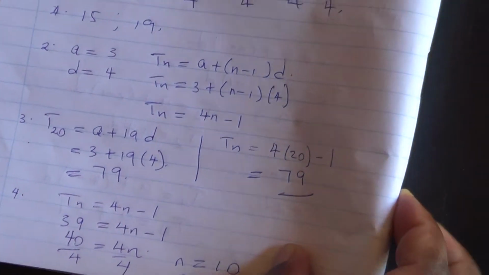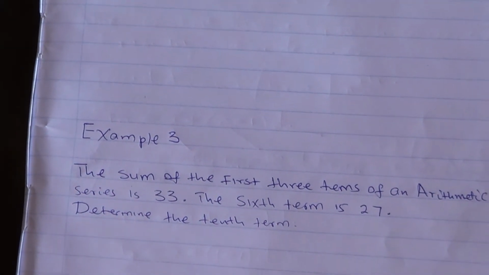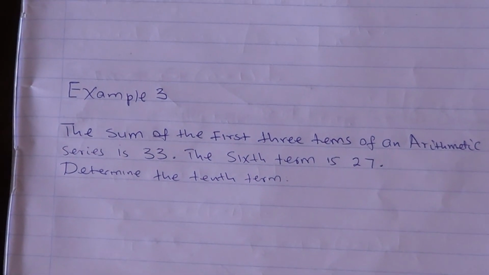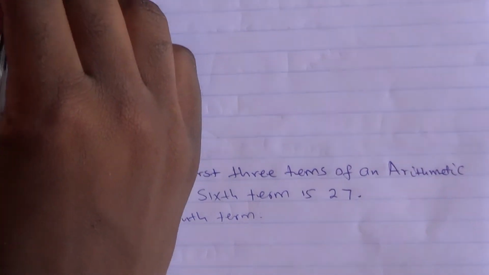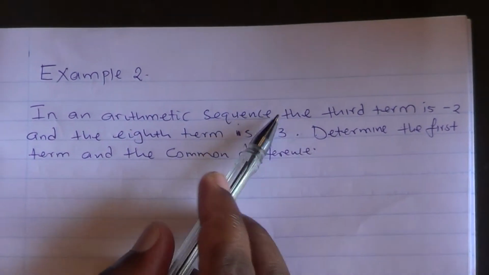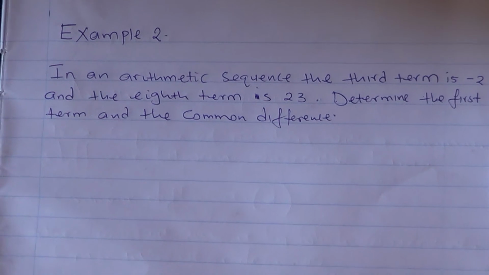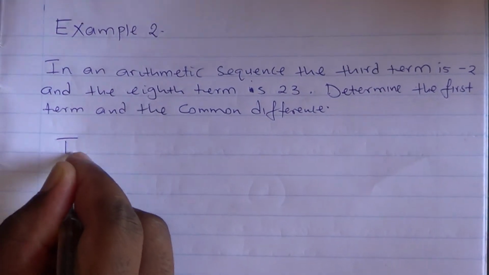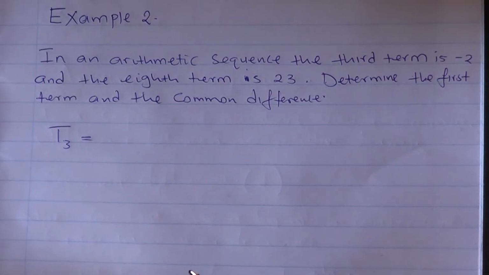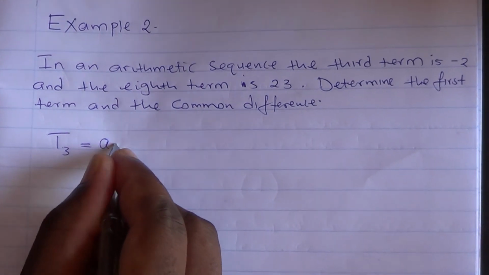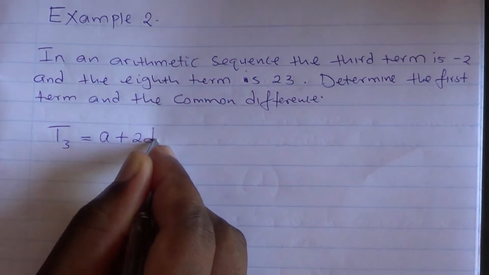Now let's proceed with the second example of arithmetic sequence. In an arithmetic sequence, the third term is minus 2. Remember, third term is T3. T3 is the same as a plus 2d.